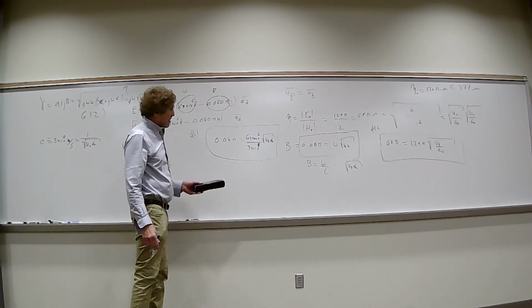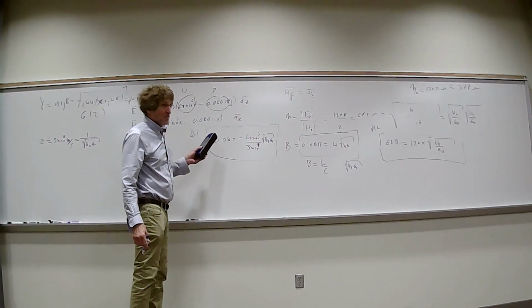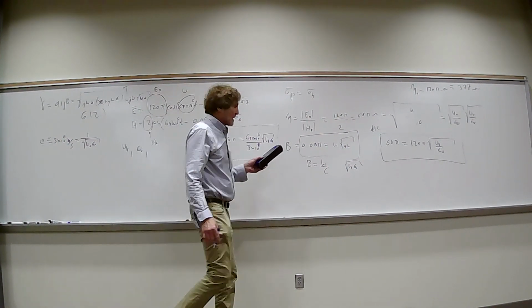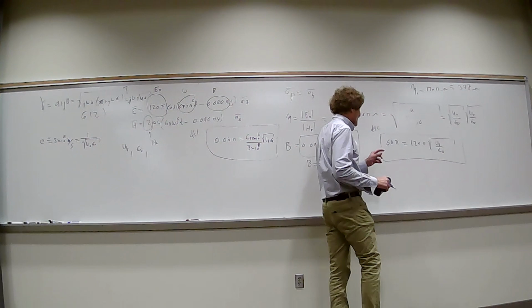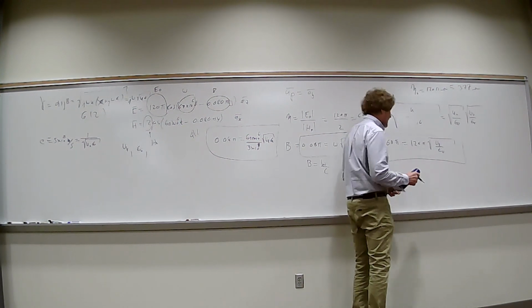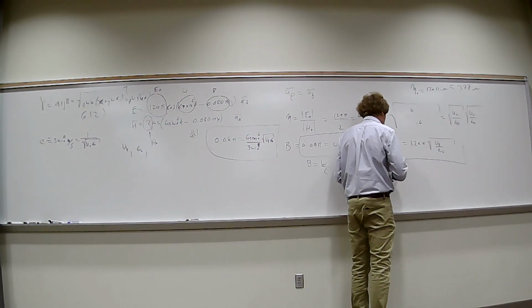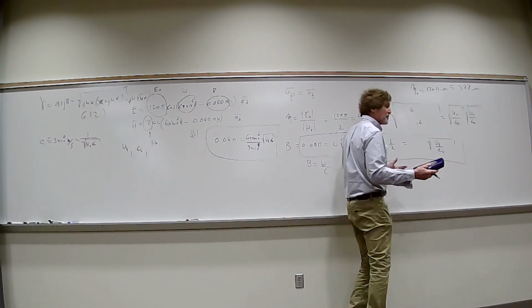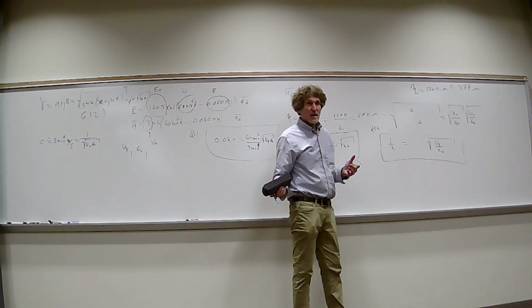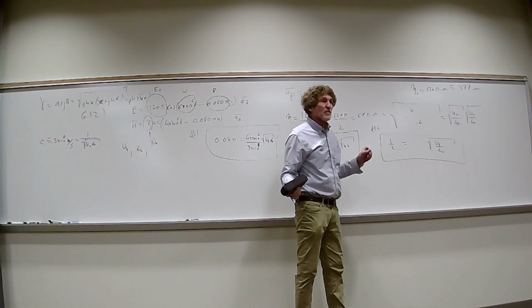All right. Now, you can do whatever you want. I don't care. But when I see this kind of stuff, I simplify. I got 60 pi, I got 125. This becomes a half. Everybody follow me on this? Now I got a half equals square root of something, so I square it. Y'all with me?